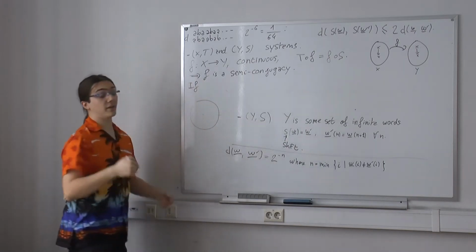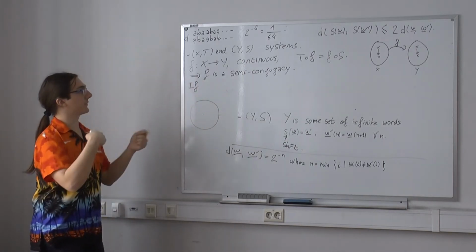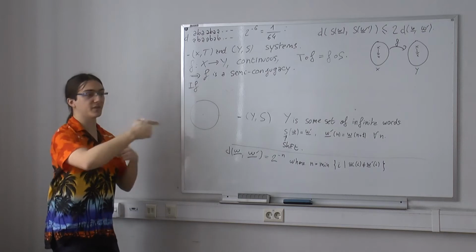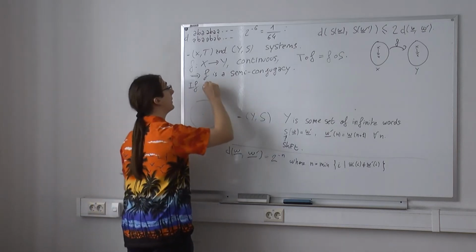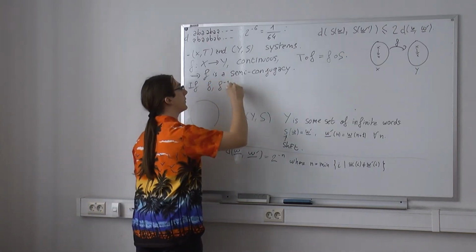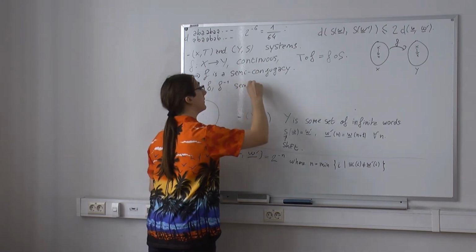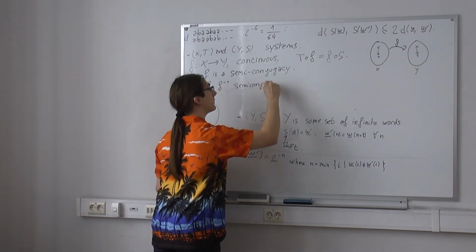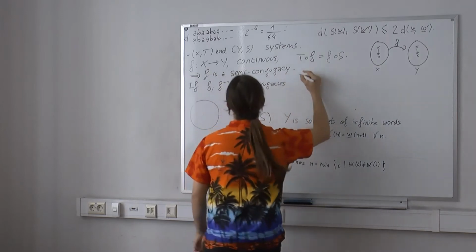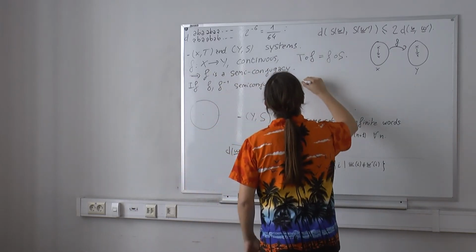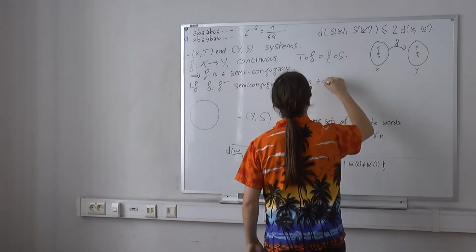If you want both directions, if f is a homeomorphism, like a bijection that's continuous in both ways, and we have f and f minus 1 semi-conjugacies, then we call f a conjugacy.